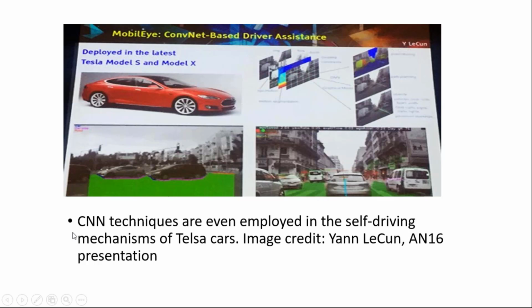This also uses the CNN technique, and Tesla cars have implemented these techniques, where it will easily understand that in front there is a car and we should stop here, and there is no vehicle in front, so we can go further. These are the applications in self-driving cars, one of the examples in the real world.